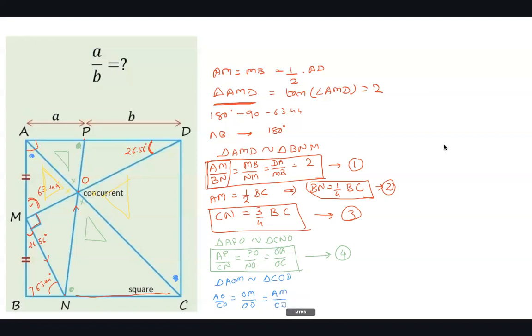Now see, AM divided by CD, meaning this side AM and CD. We already know that AM is half of CD. So that is nothing but 1/2. So now we know that all these ratios are the same and they measure to 1/2. Let us call this result number 5.